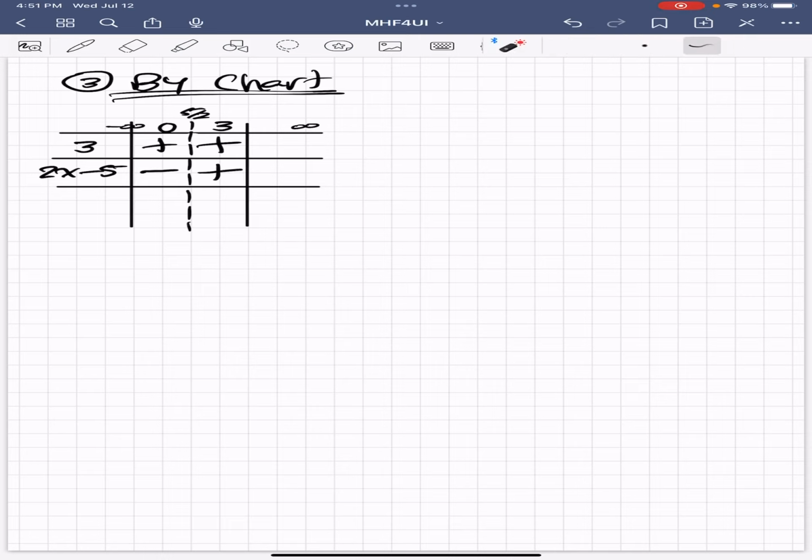Then we multiply the signs: positive times a negative is a negative, and positive times a positive is a positive. So we're going to do an open circle, and x is greater than 5 over 2 is our answer for that inequality.